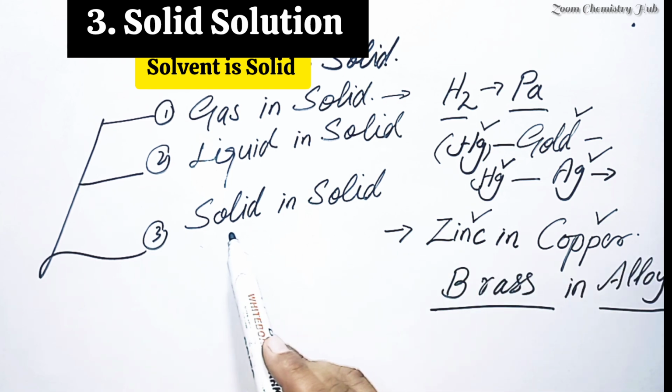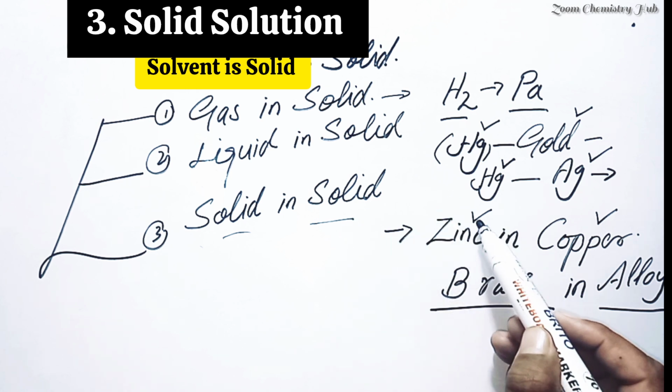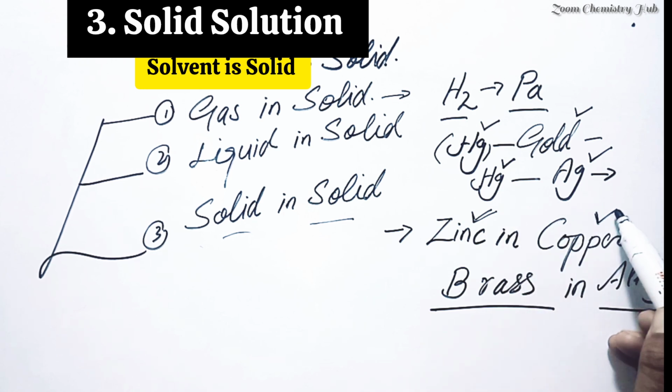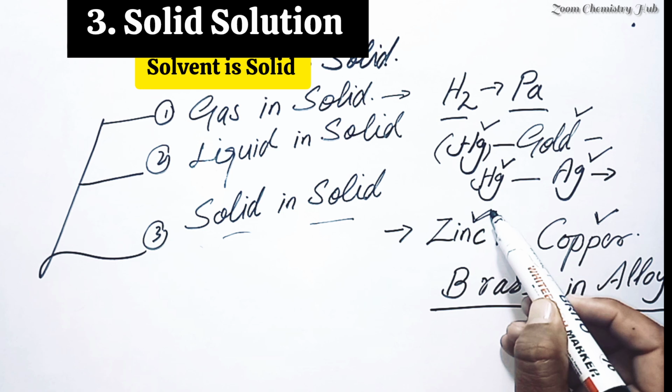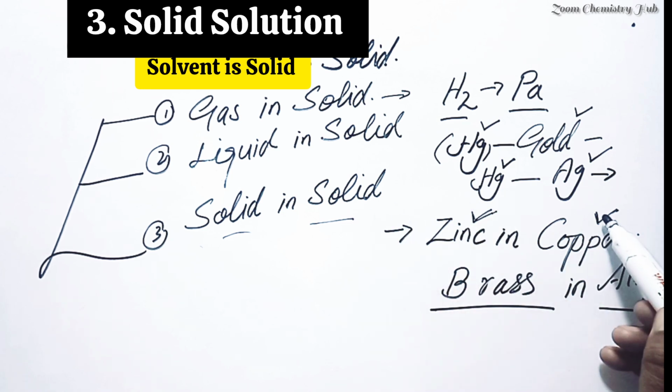So this is the example of solid in solid, in which one metal is solute and the other metal is solvent. The metal which is in less amount is the solute, and the metal which has a large amount or large quantity is the solvent.